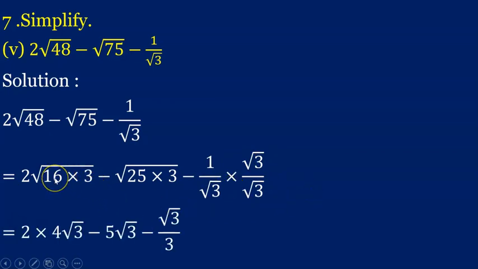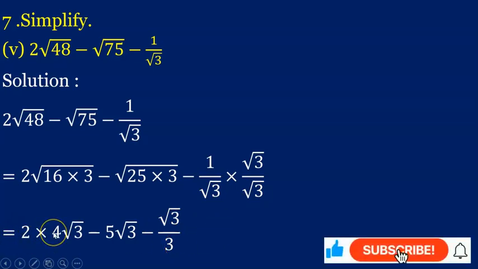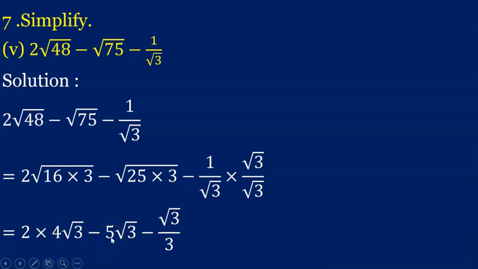Next, root of 16 is 4, and hence root of 16 into 3 gives 4 root 3. Root of 25 into 3 gives 5 root 3, minus 1 into root 3 over 3. Next, 4 into 2, you will get here 8 root 3 minus 5 root 3, then root 3 upon 3.